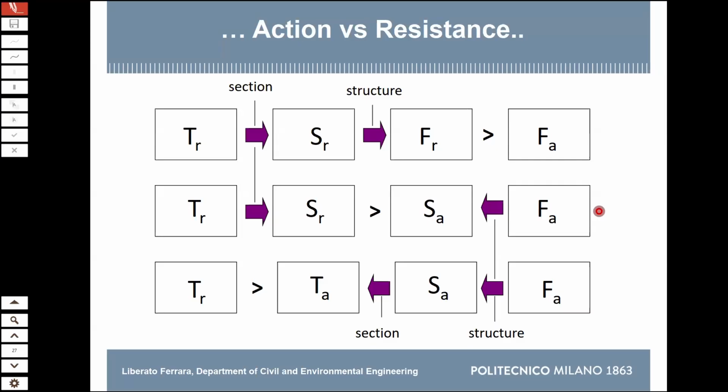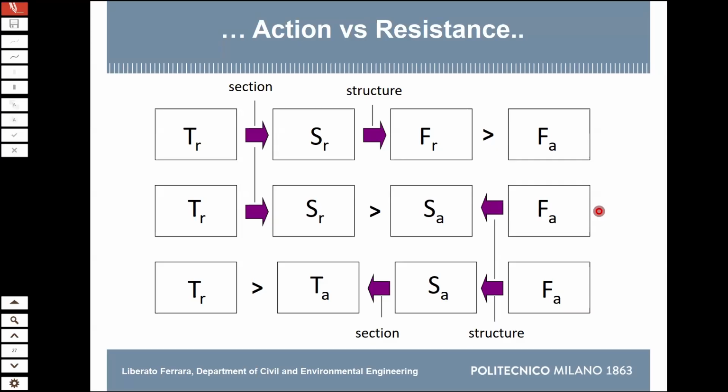So we have 3 different ways, and we use them all 3. In some cases, also intertwining them. For example, the way in which we calculated yesterday the critical failure of that beam, to which of those 3 levels belong, according to you?